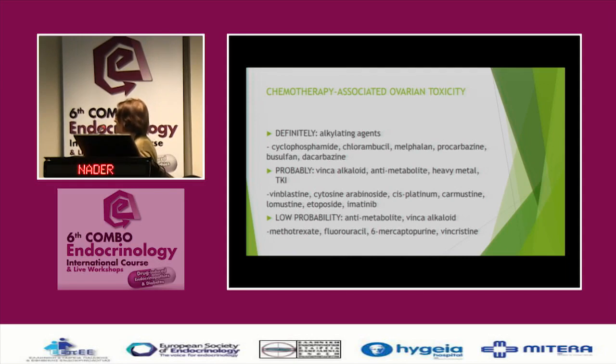Probably the vinca alkaloids, some antimetabolites, heavy metals, tyrosine kinase inhibitors, as listed in this group. And of low probability are antimetabolites such as methotrexate and vinca alkaloids such as vincristine as opposed to vinblastine. So there is a differential effect.